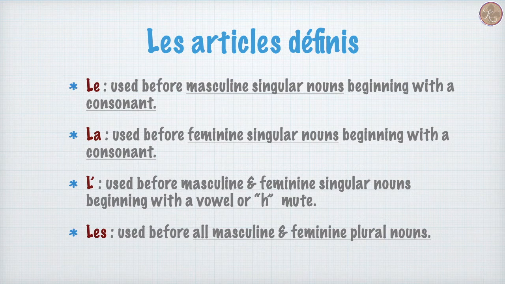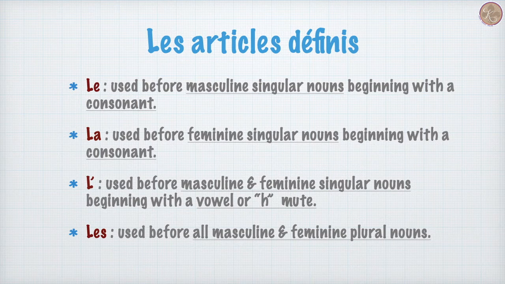Let's look at where to use these 4 different definite articles. The first one, le, is used with masculine singular nouns beginning with a consonant. La, the second one, is used with feminine singular nouns beginning with a consonant.